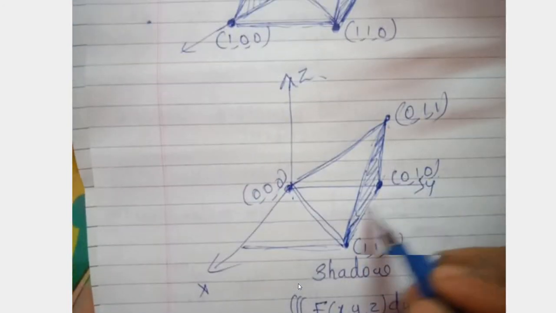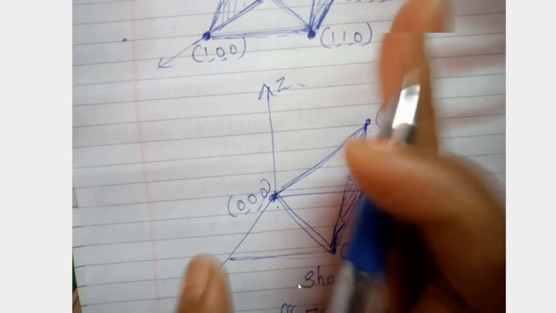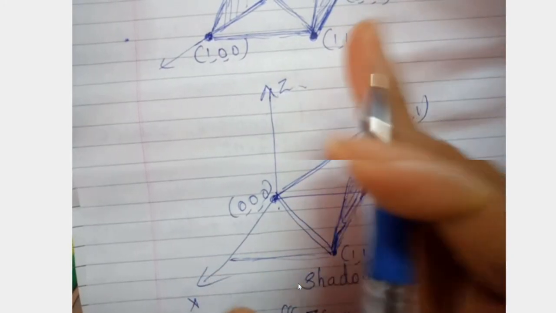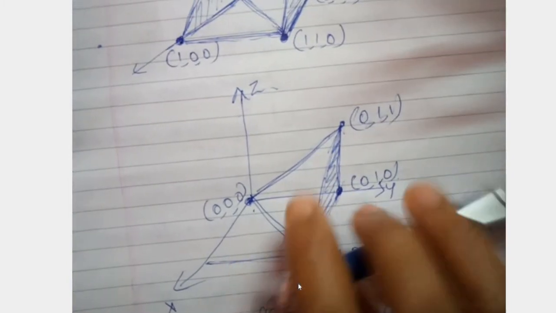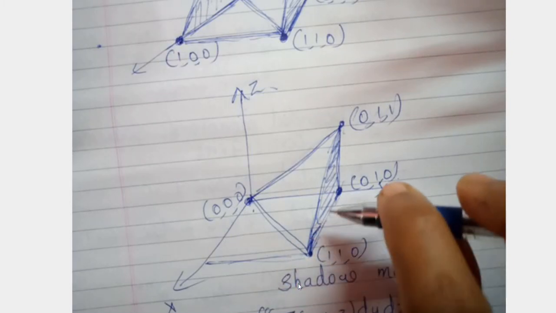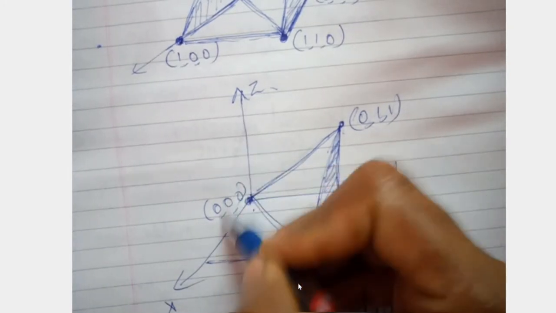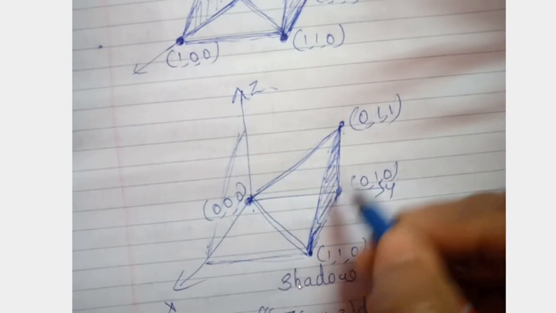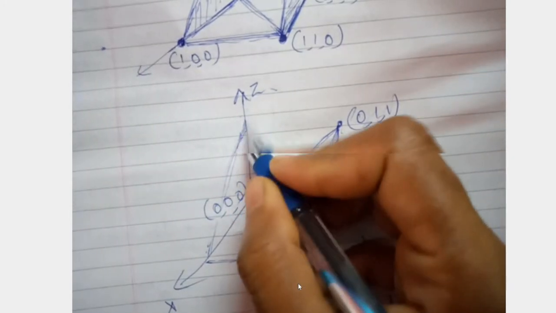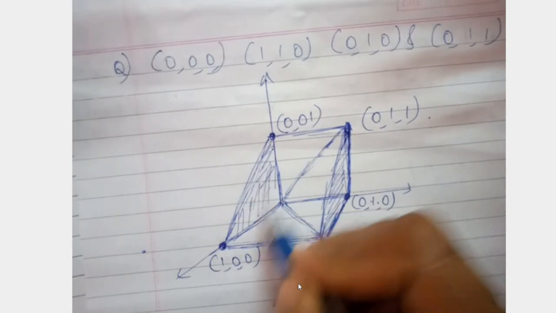This is a picture of it. This is actually a triangle, and there will be a surface. When you switch on the light of a torch, the shadow will lie on this plane, the XZ plane.